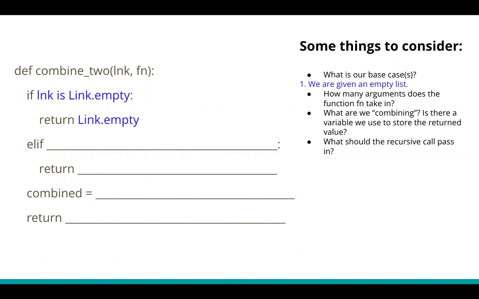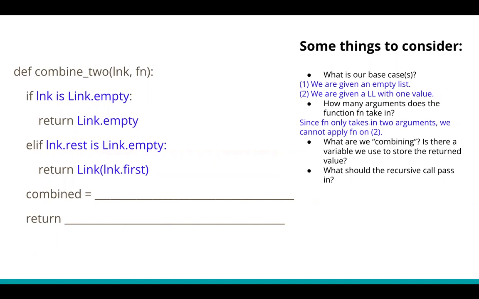So in this first case, if link is Link.empty, meaning we have had an even number of items put into the function, we return Link.empty as our usual base case. And for this one, if link.rest is Link.empty, return link.first, because we just add the remaining element at the end that doesn't go into any fn call.